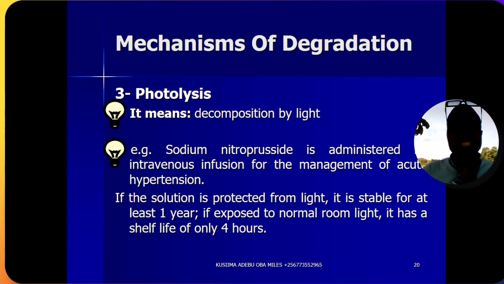That's why it is kept in a very dark environment and in colored aluminium foil, paper, or colored containers, dark amber containers where light cannot pass through. So that is the reason, because light can cause degradation, and that one we term photolysis, or breakdown of the molecule by light.